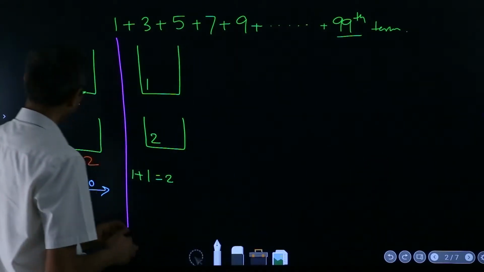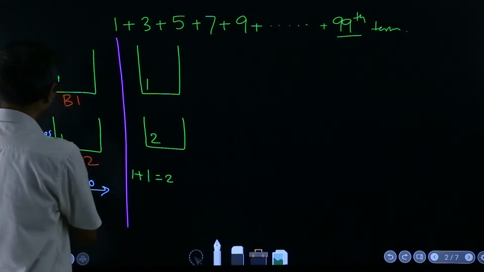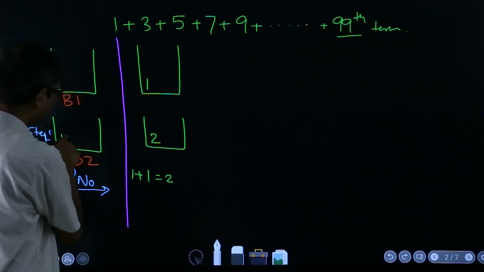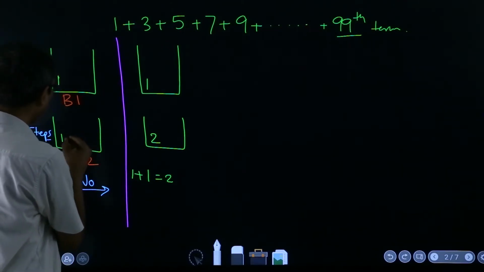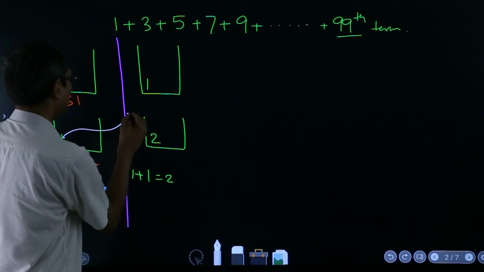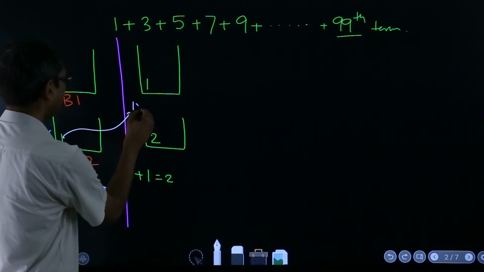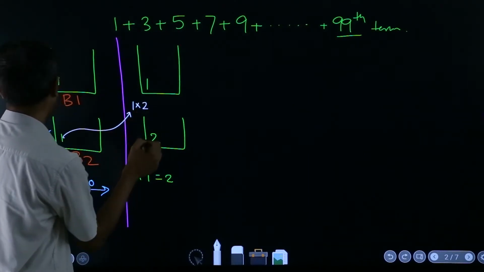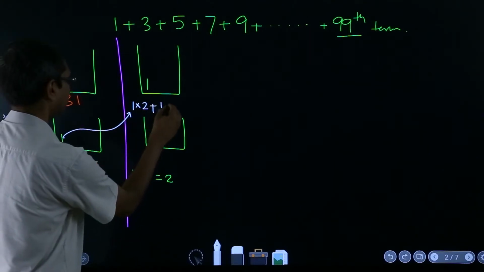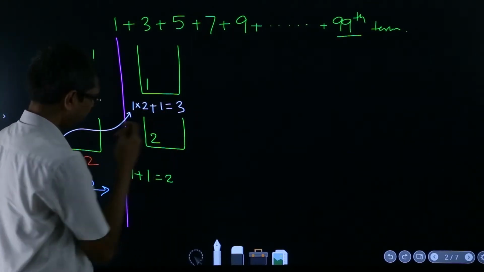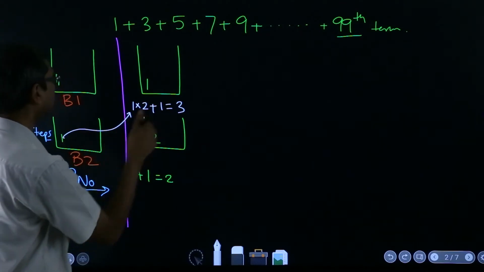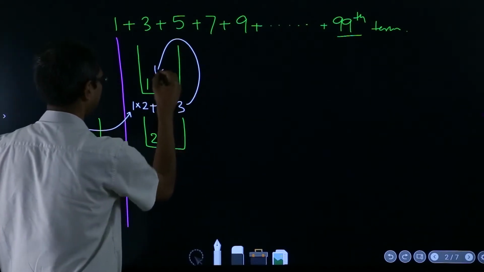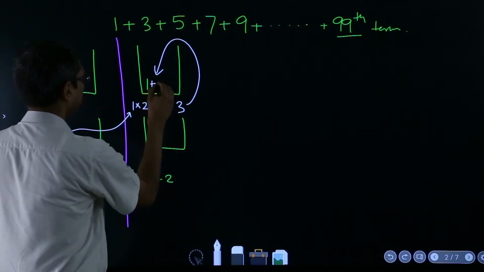Let me try another one. Whatever is there in this number, I'll take that, multiply it by 2 and add 1. So I'll get 3. Then that I will add, so plus 3.